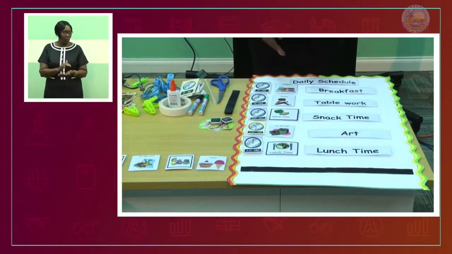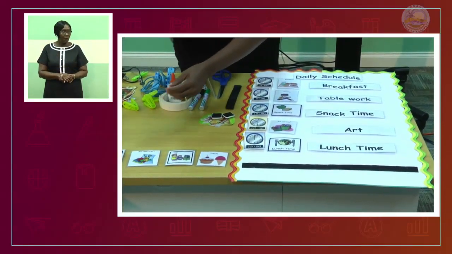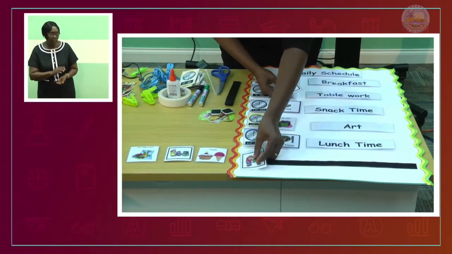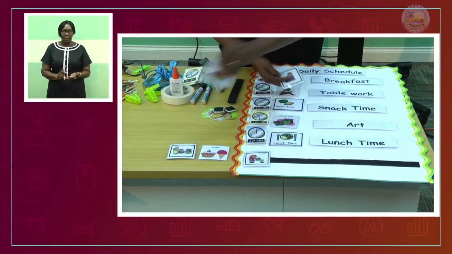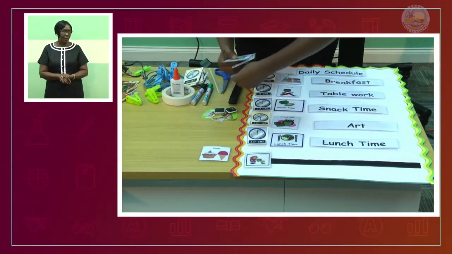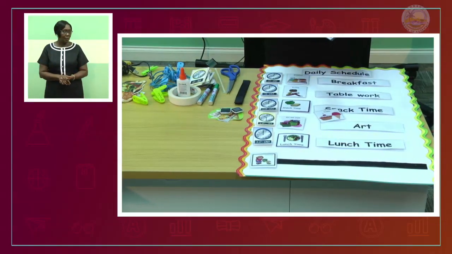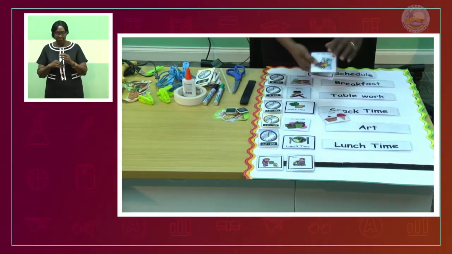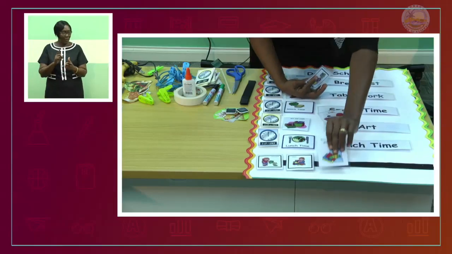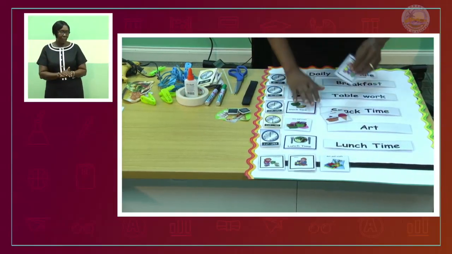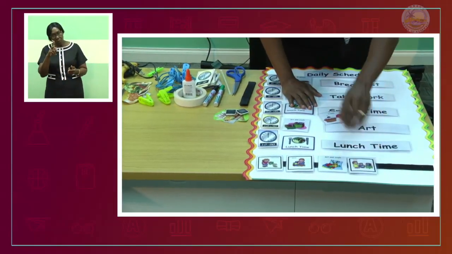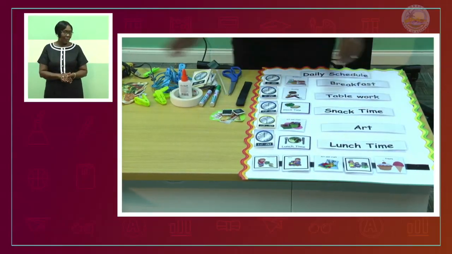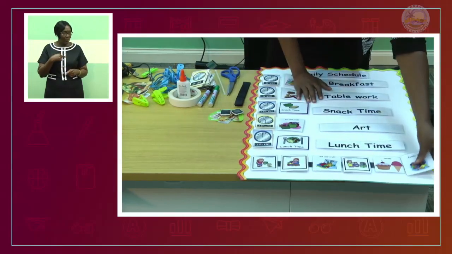Now, for persons who may not have all that space, we have some here. So we have water the plants, because you would also want to include chores on your visual schedule. All right, so you can water the plants, then you can play with blocks, then you can do some art and craft, then you can maybe watch a movie, and then you can have a treat, and you can also have family time.